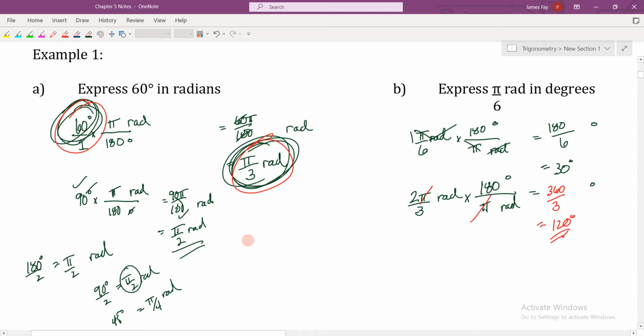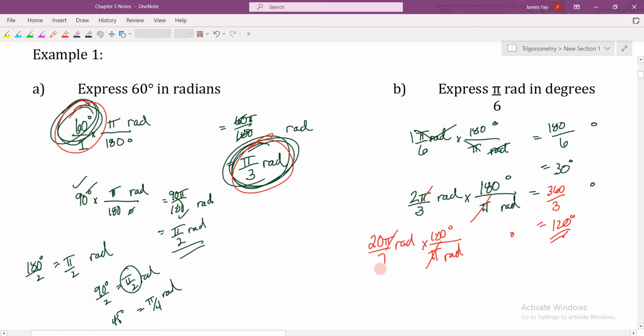So no matter what they ask you, if I go, let's say 20 pi over 7, and that's in radians, and I want to change that to degrees. Well, I'm going to multiply by radians on the bottom, degrees on top, so 180, and then pi here.